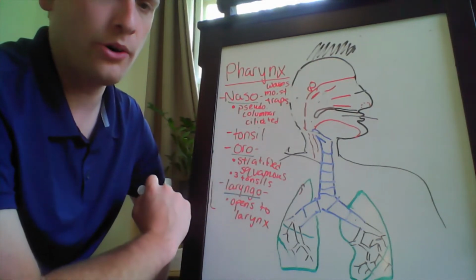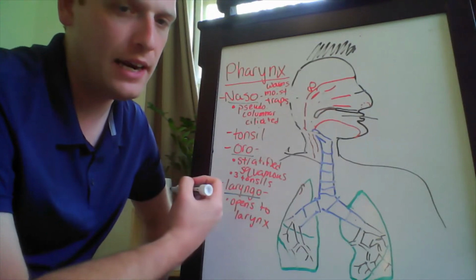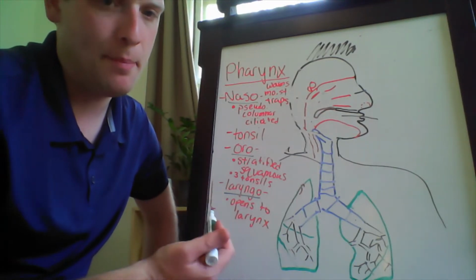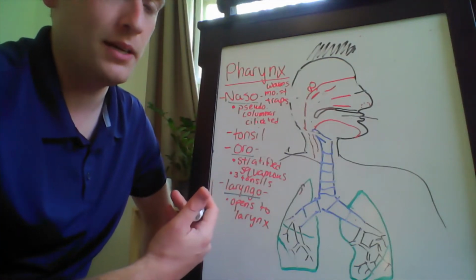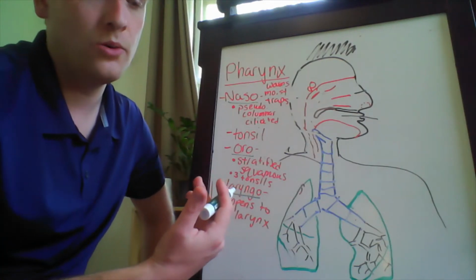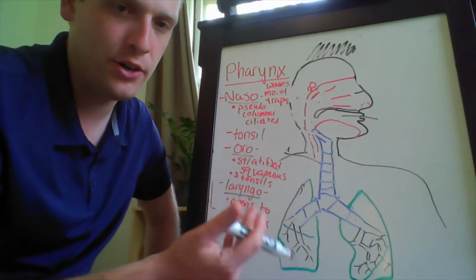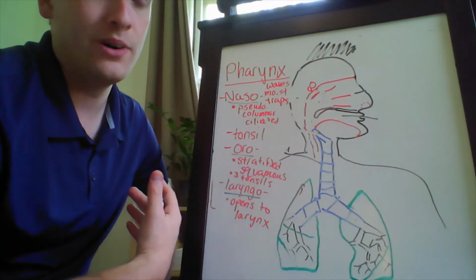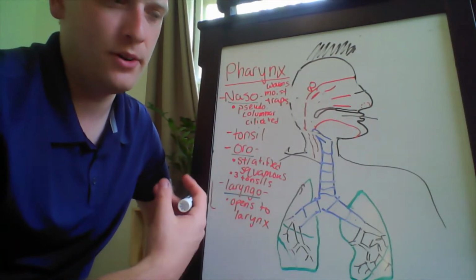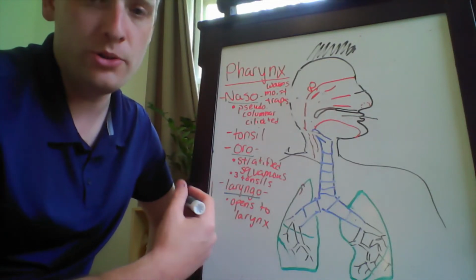Also in the oropharynx, you're going to have 3 more tonsils, which again are those lymphatic organs that are there to trap pathogens. And because they trap pathogens, and because your mouth and your nose are one of the primary areas where pathogens are able to enter your body, these tonsils can become more easily overwhelmed than other parts of your immune system or other parts of the body, and are prone to infection.